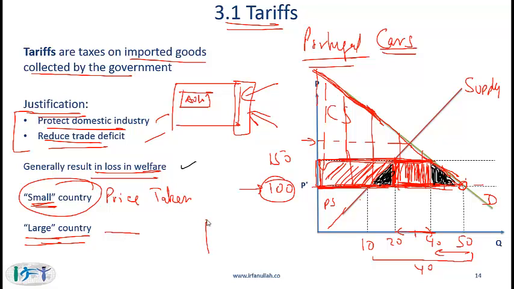If you think about the large country as being the United States and the exporter, let's say, is Japan, if the United States imposes a tariff, it is conceivable that Japan reduces the price of cars. So the terms of trade, price of exports over price of imports, will go up, because if Japan reduces the price of imports, then the terms of trade will improve.